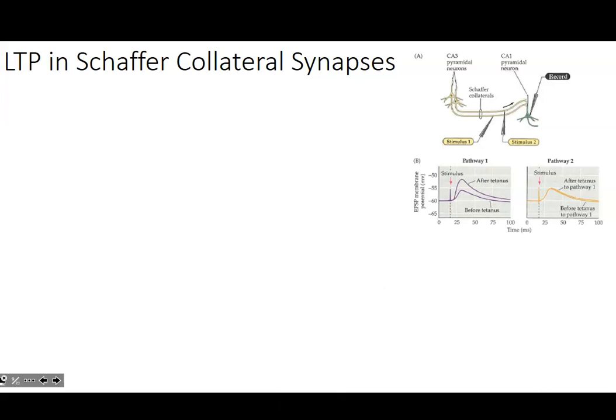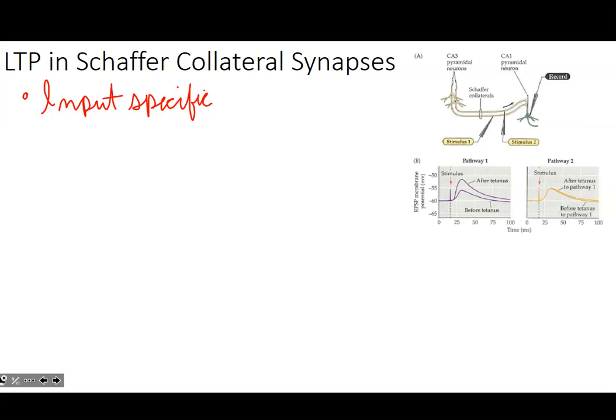The second unique property that I want to mention is that LTP is input specific. And I'm going to come back to this figure to show you exactly what I mean here.